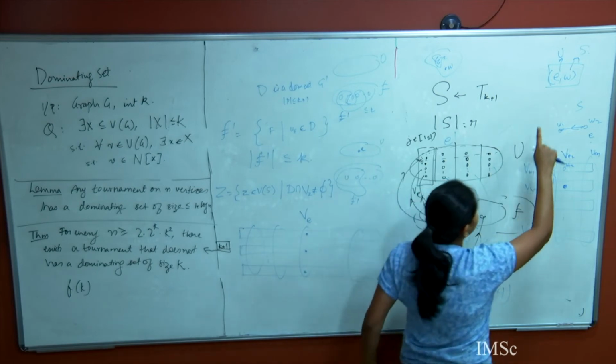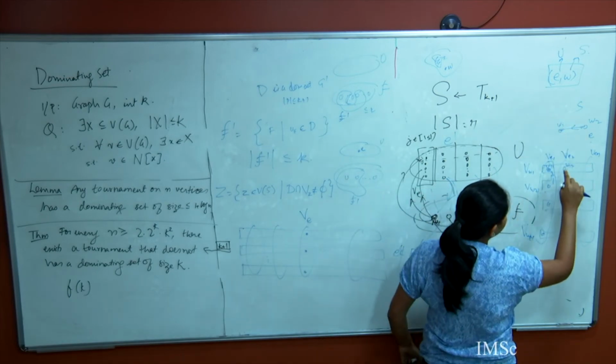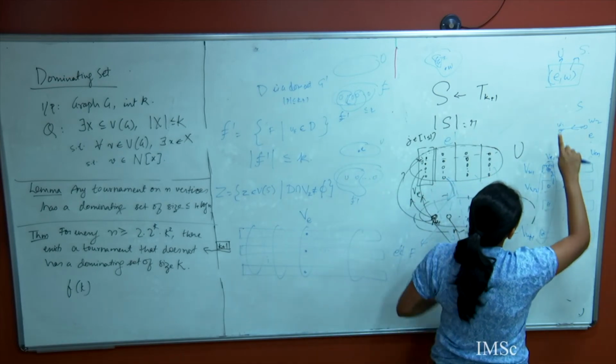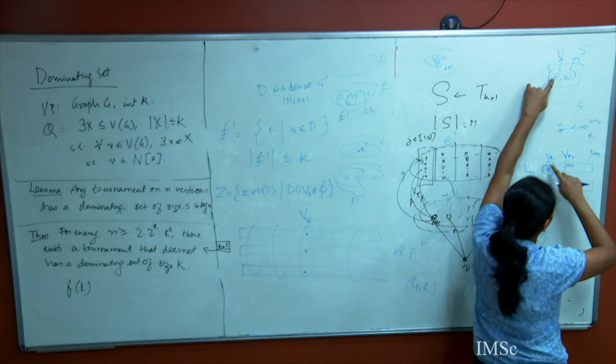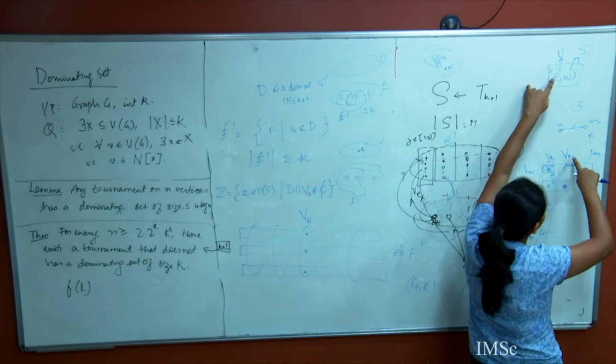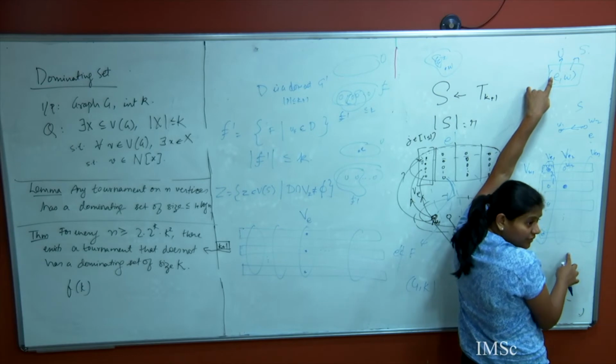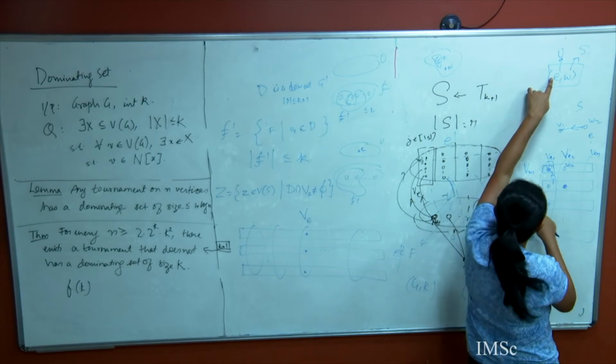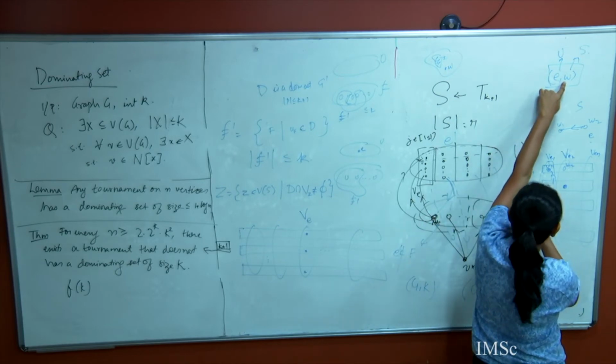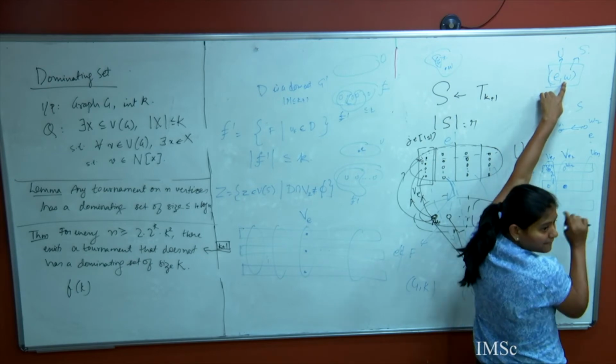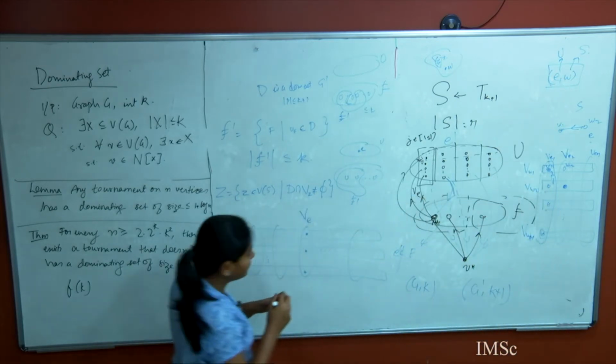Now look at this vertex, notice the column that I created with respect to this vertex E and the row that I created with respect to this W, okay. So basically where are we?